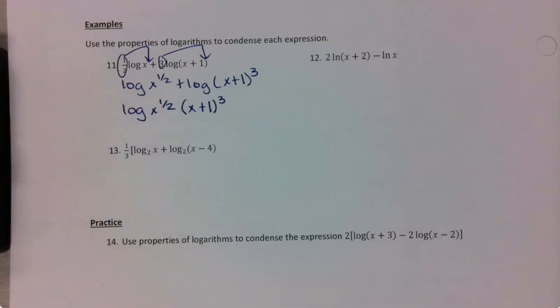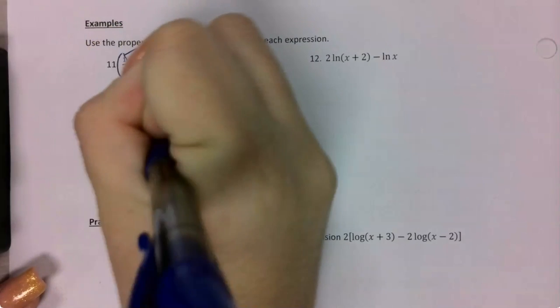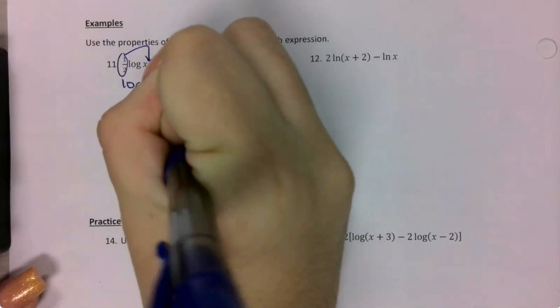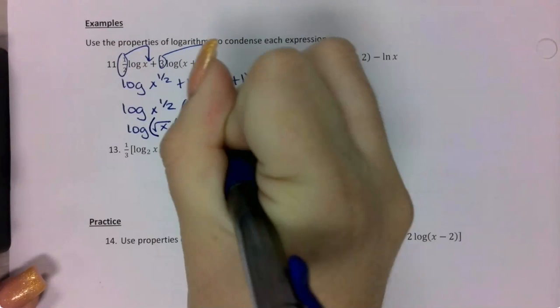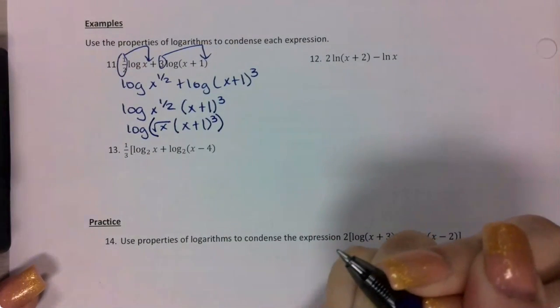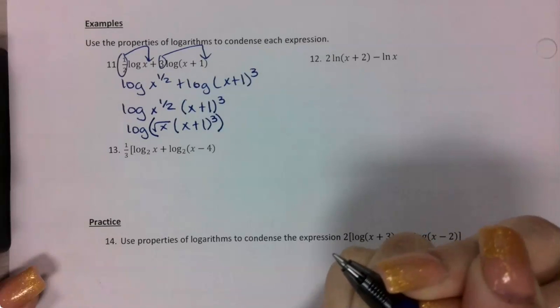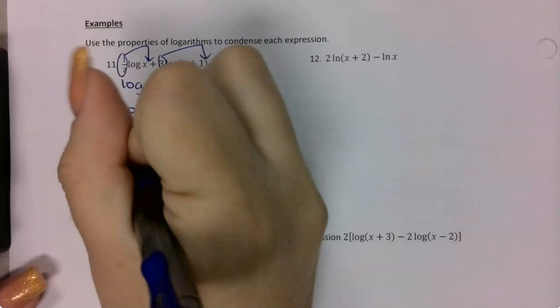So this is my final answer? I can turn the 1/2 back into a radical. And I probably want to put this all in parentheses, just so it's clear that all of this belongs together.